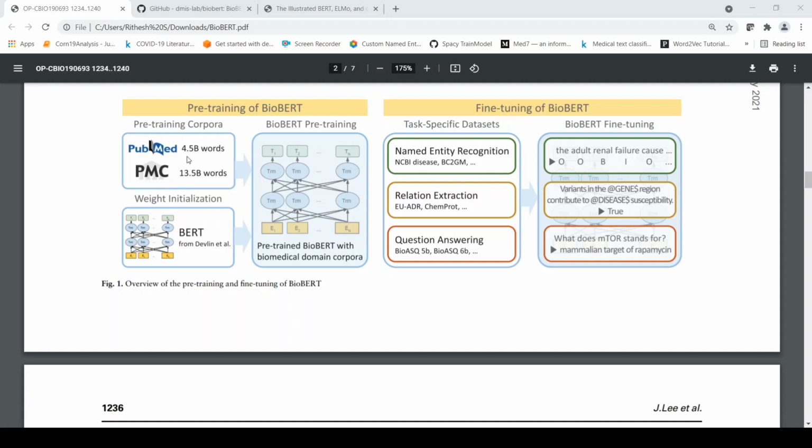Now this is the size of the corpus. PubMed abstracts has 4.5 billion words and PubMed Central full text articles has 13.5 billion words. So they have pre-trained BERT with this biomedical domain corpora, and then they do fine tuning on your task specific data sets for the specific tasks like biomedical named entity recognition, biomedical relation extraction, biomedical question answering.